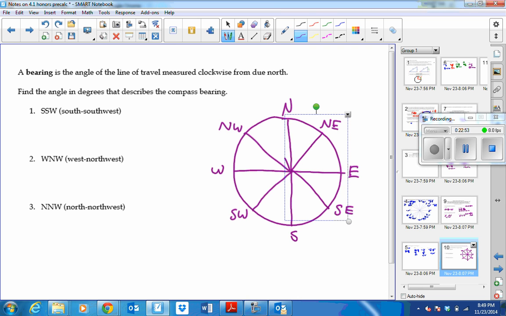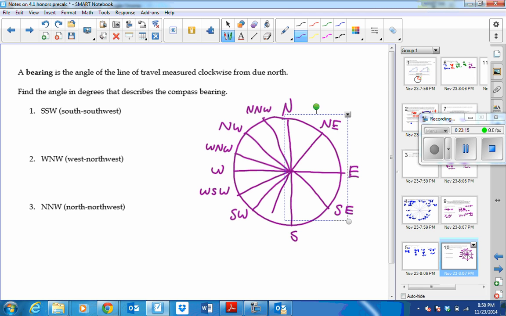But then we can break it down a little bit further. Let's say we have this in here, and it's more north than west. This is called north-northwest. Then we have this angle in here, and that's more west than north, so this is called west-northwest. This one here, that's more west than south, is called west-southwest.